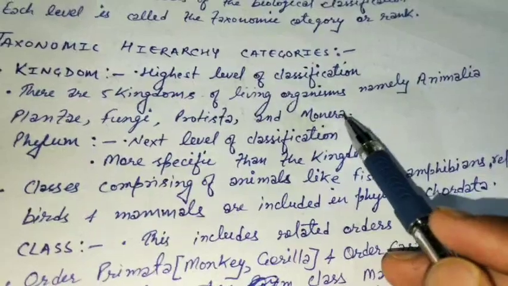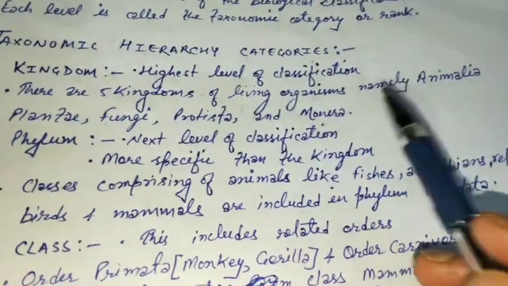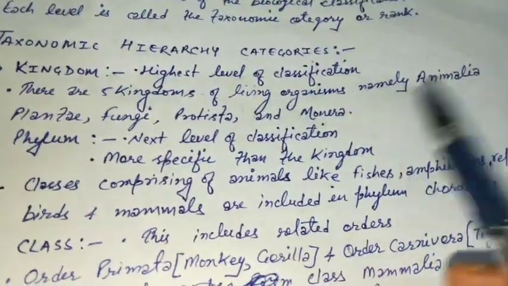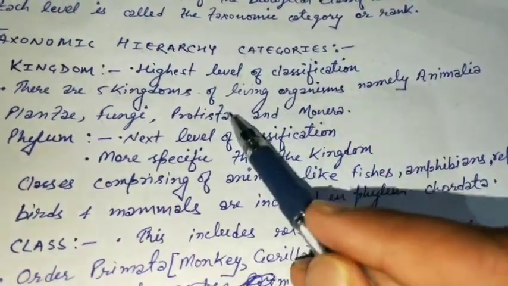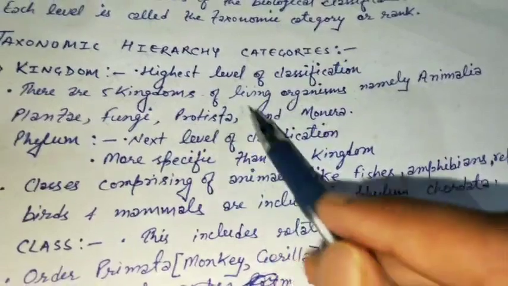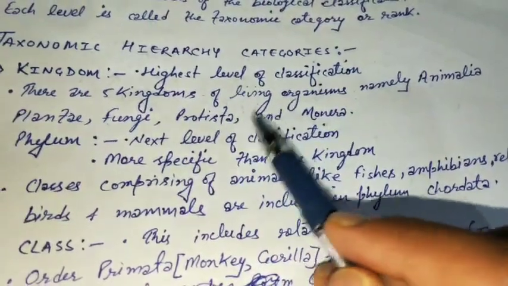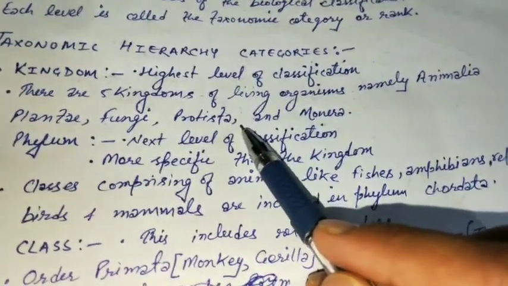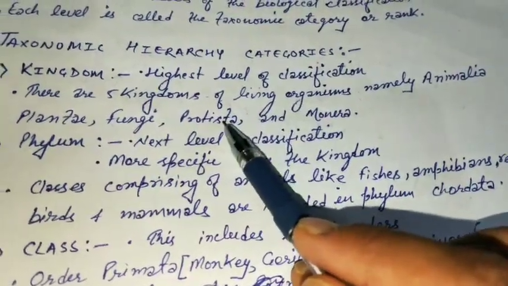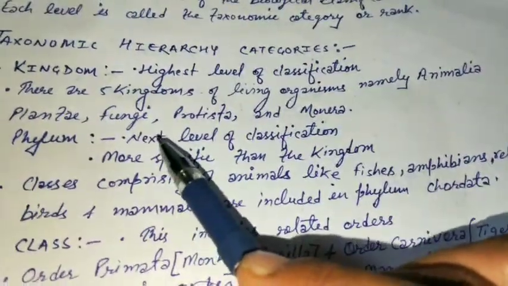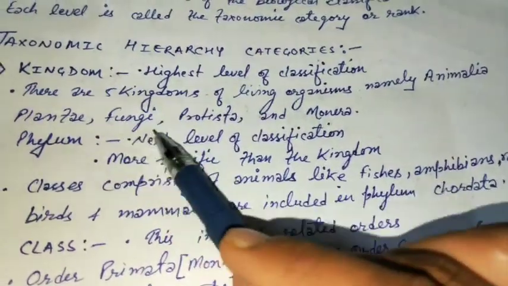So all the prokaryotes like bacteria and cyanobacteria or blue-green algae are placed in Monera. In Protista, all the unicellular eukaryotes, including the protozoans, are placed. The fungal kingdom includes all the fungi.